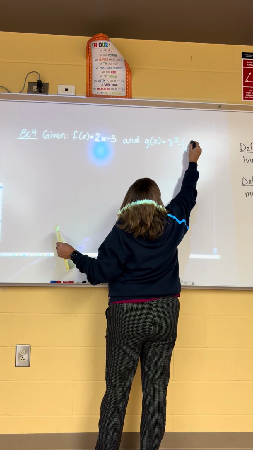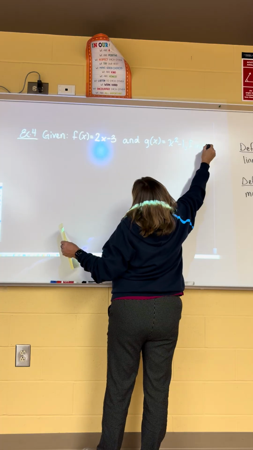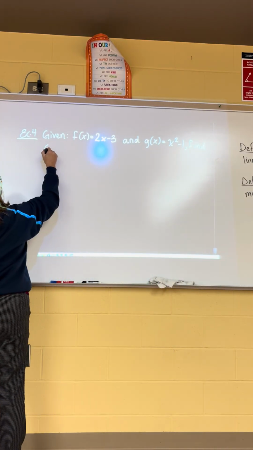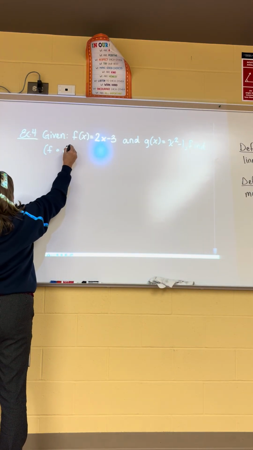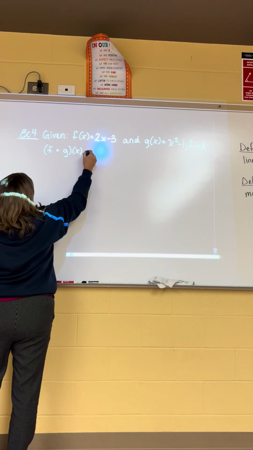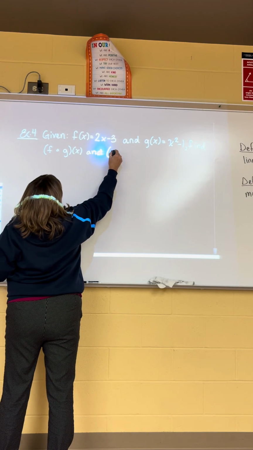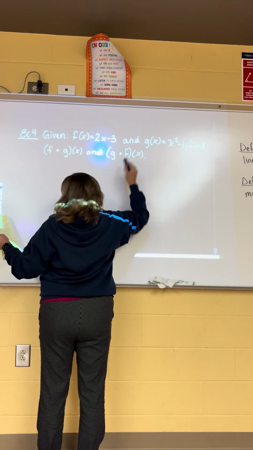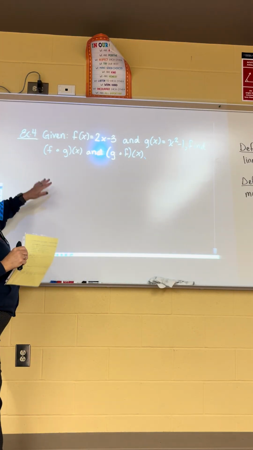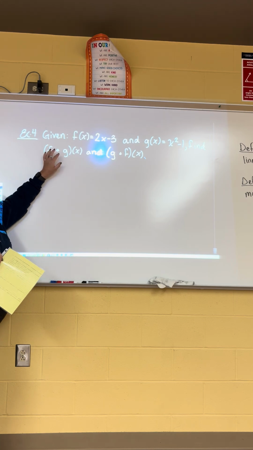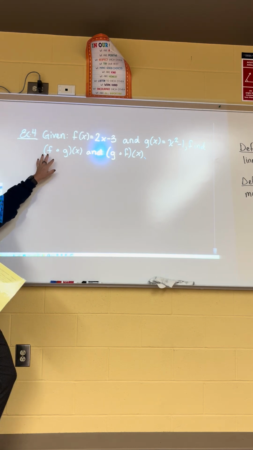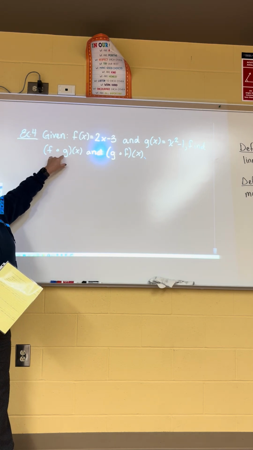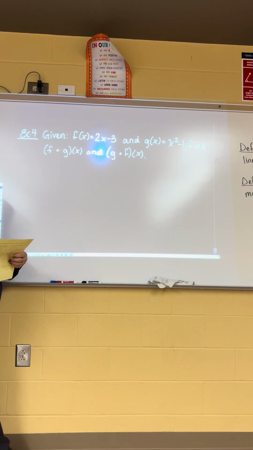Find f of g of x and g of f of x. I spaced mine out really far so people don't think it's multiplication. You don't have to have them spaced out that far. It's just how I do it.